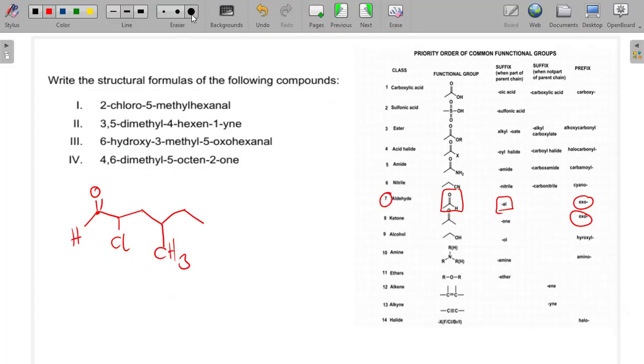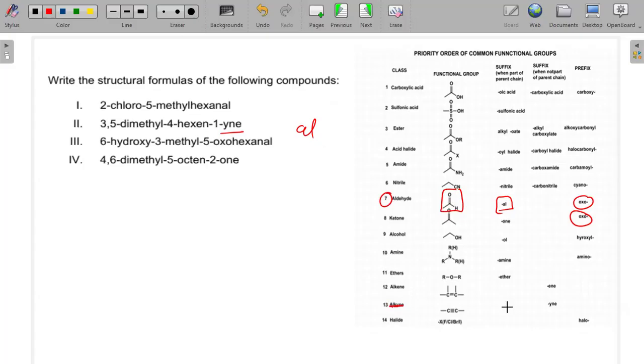Okay, so let's go to the second one. We are having 3,5-dimethyl-hex-1-yne. This is the suffix name for an alkyne, so the alkane with a triple bond.